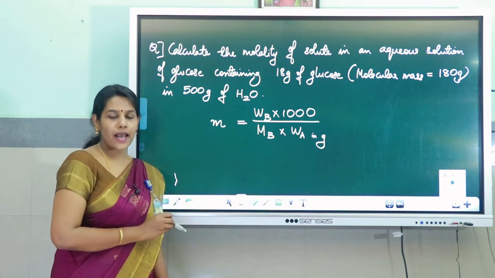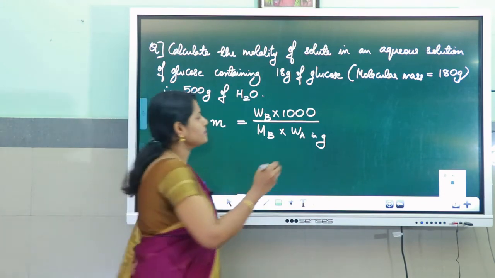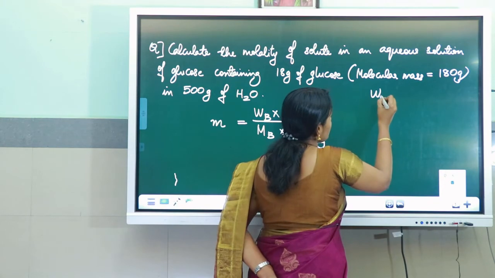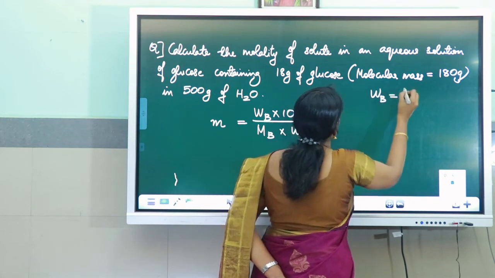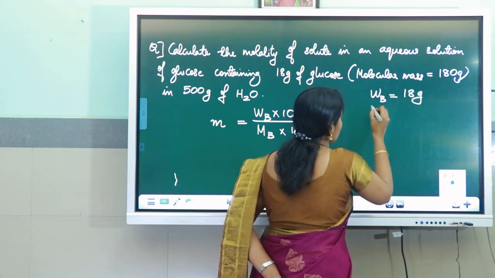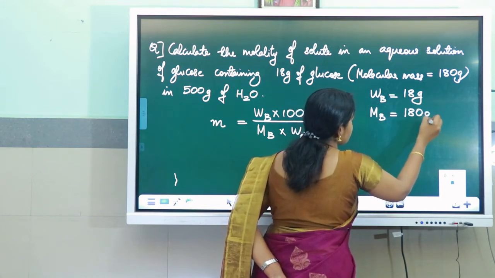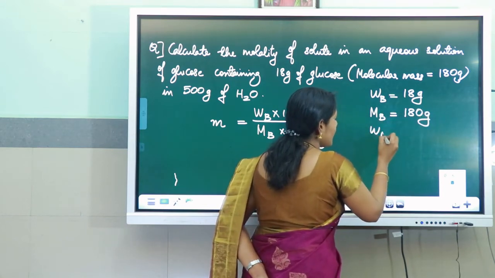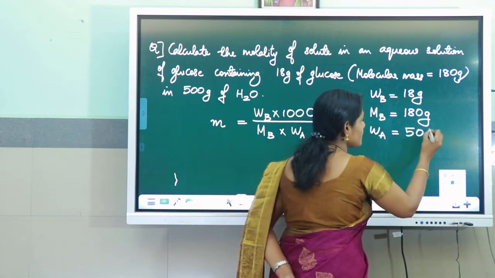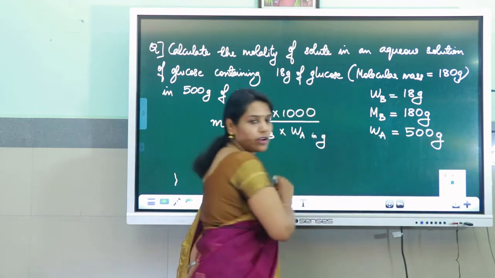B is the solute and here the solute is glucose. So the mass of solute is 18 gram, molecular mass of solute is 180 gram, and Wa is the mass of solvent, that is 500 gram. Here the solvent is water.